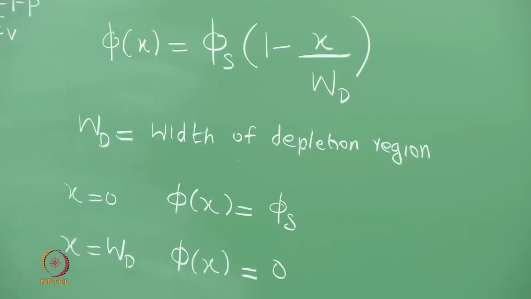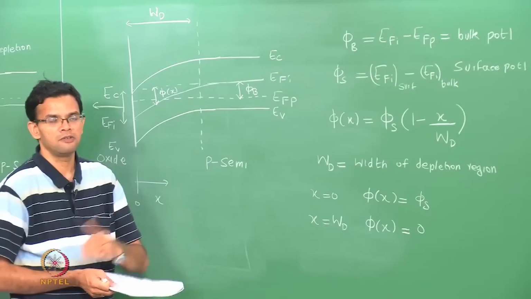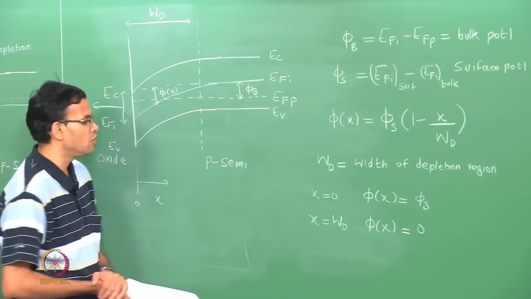So w d represents the start of the band bending, because it is a measure of how much your intrinsic Fermi level has shifted because of band bending.